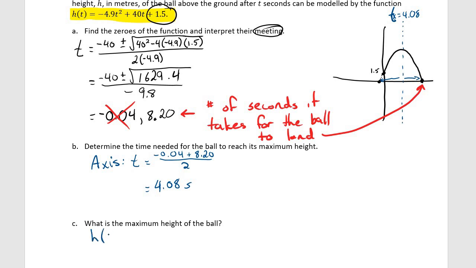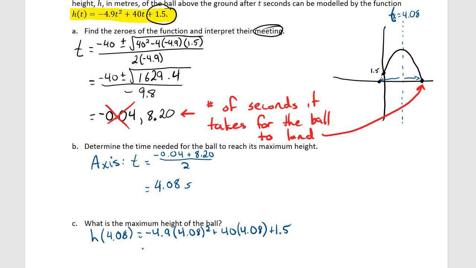So h of 4.08 is equal to negative 4.9 times 4.08 squared plus 40 times 4.08 plus 1.5.